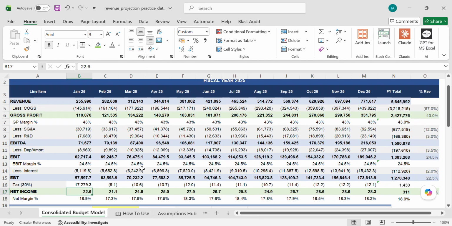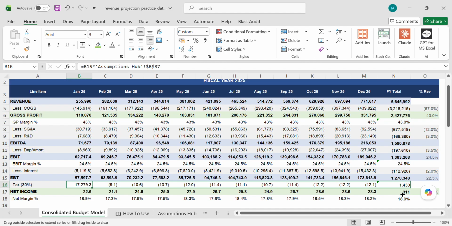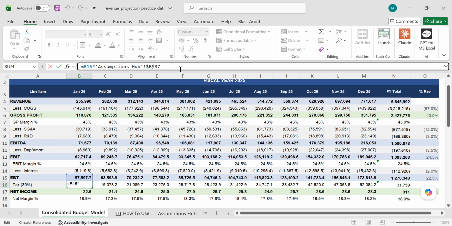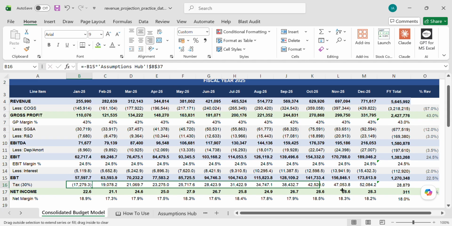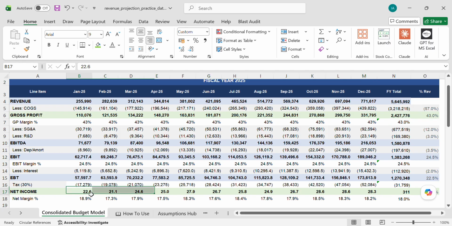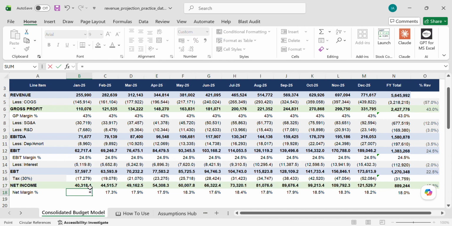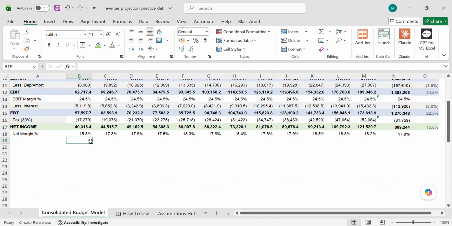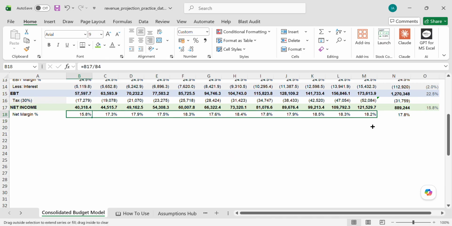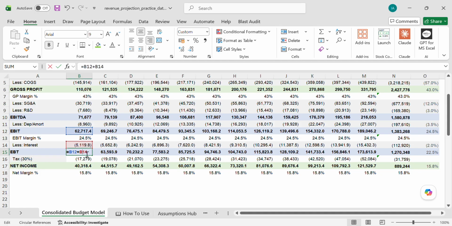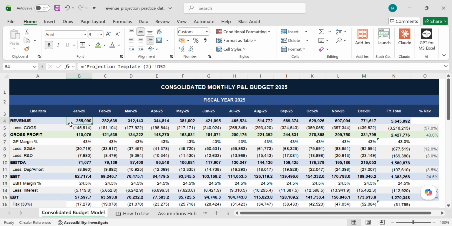Good. You can even put a minus sign there. So 15%. You see that the business is still doing very well. It's profitable. So this is how to prepare your budget.